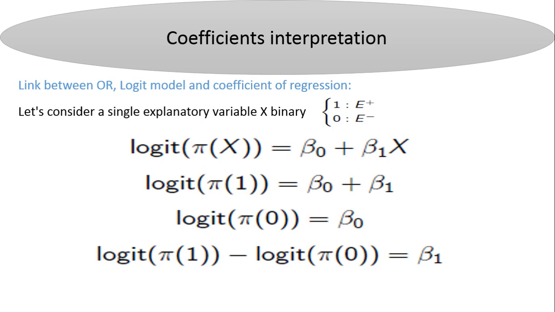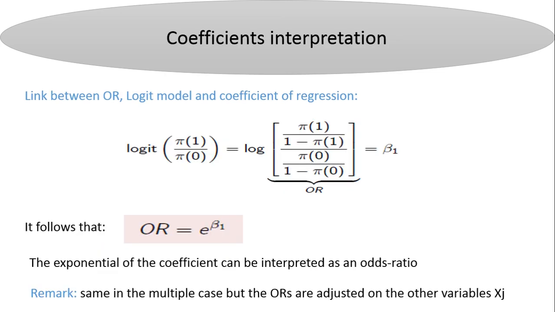So to interpret a coefficient, we can also see that in the single explanatory variable case, the logit of our probability can be written as a combination of x variables. The difference between the logit of the probability of having the first modality of our explanatory variable and the logit of the probability of having the second modality is equal to beta 1, so the logit of the ratio of probability of success and the odds of the event is equal to beta 1, and we obtain our odds ratio as the exponential of beta 1.